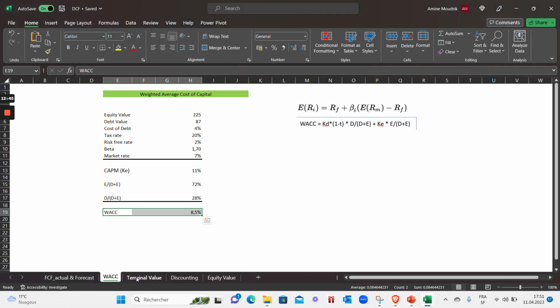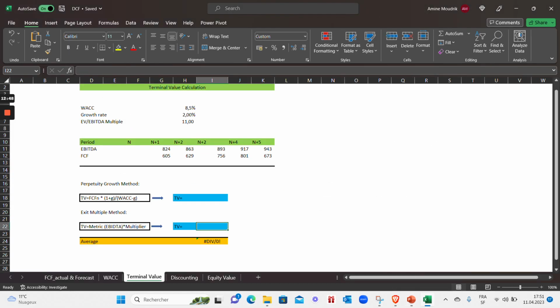So if we now take all this in our example, here we have our weighted average cost of capital that we've calculated before. We presume a growth rate of 2% and a multiple of 11. Here we see all the figures that we've calculated earlier in our forecast, our EBITDA and free cash flow. So let's calculate the terminal value according to the perpetuity growth method.